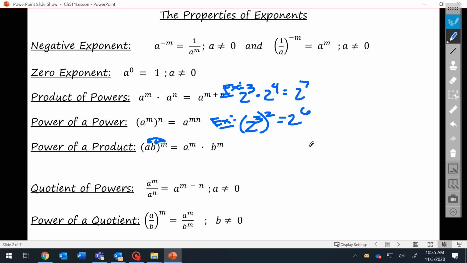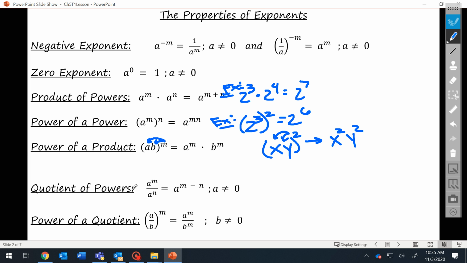So for example, xy to the second power can be written as x squared y squared. It would go to each factor of the product.